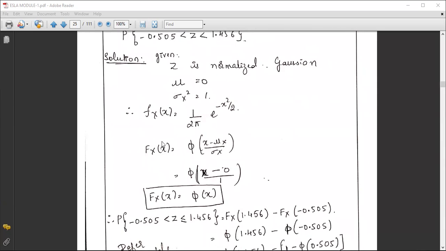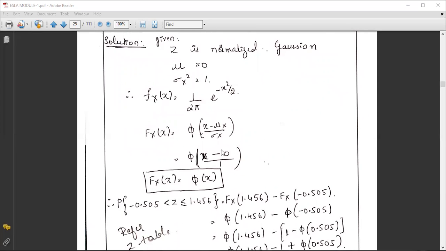F_X(x) is phi of (x minus mu_X) by sigma_X. Here x is a certain value of the random variable, mu_X is the mean of the random variable, 0, and sigma_X is the standard deviation.